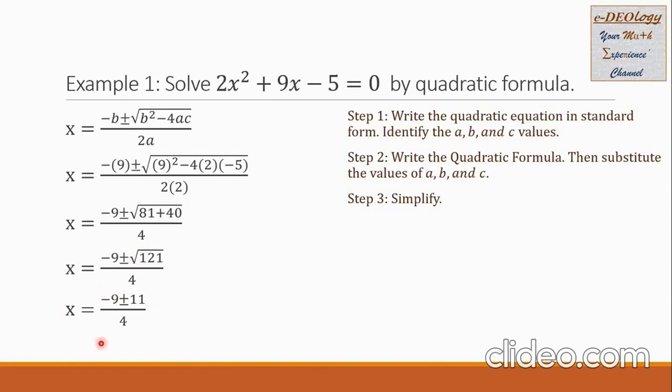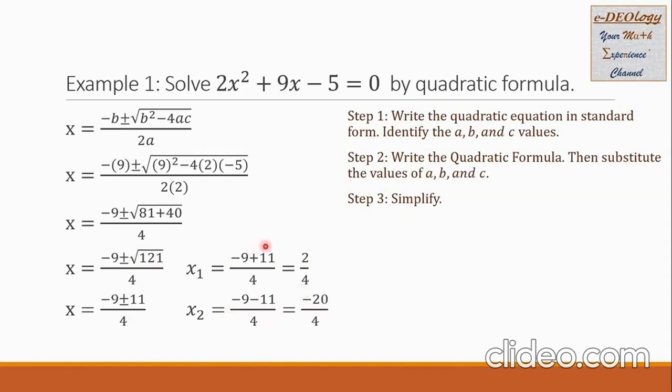Now at this point, we're going to split the plus and minus. There will be two values for the x. The x sub 1 is equal to, we will use first the plus sign. So negative 9 plus 11 all over 4. For the x sub 2, the negative sign will be used. So negative 9 minus 11 all over 4. Then let us simplify both.